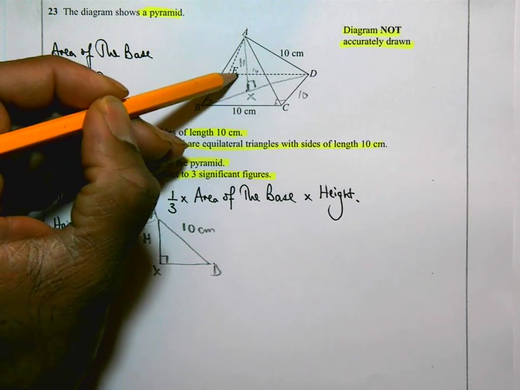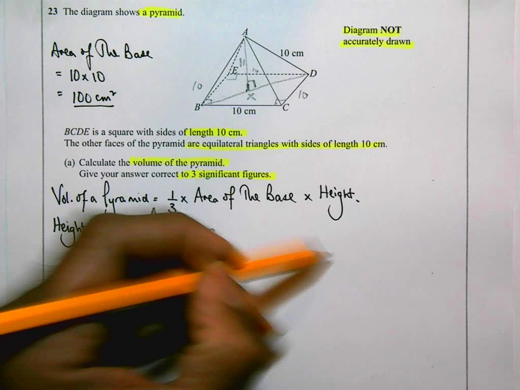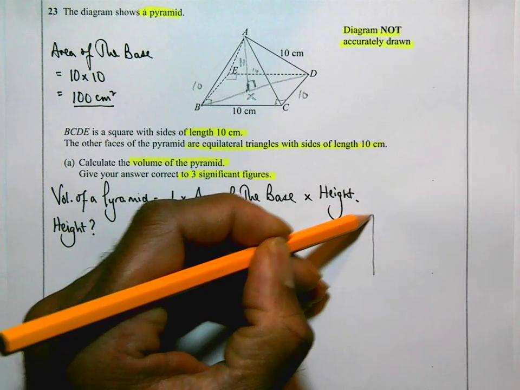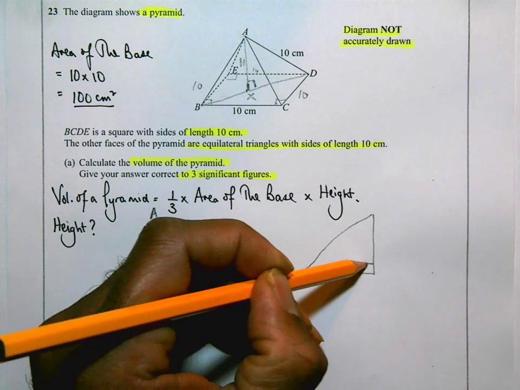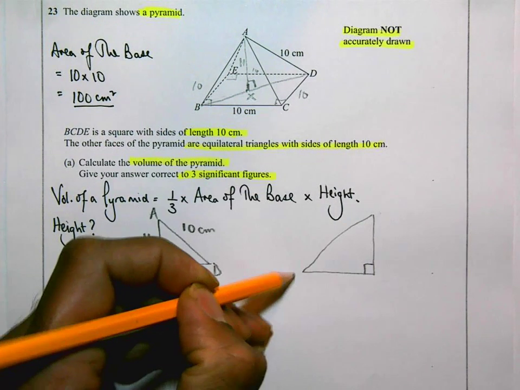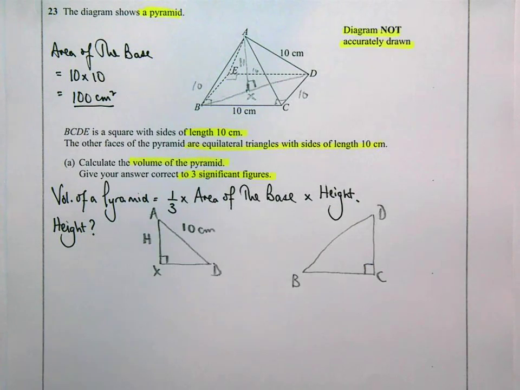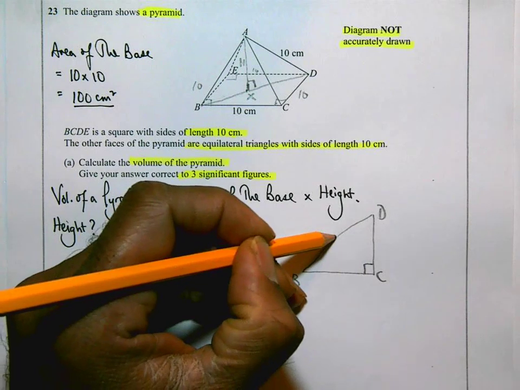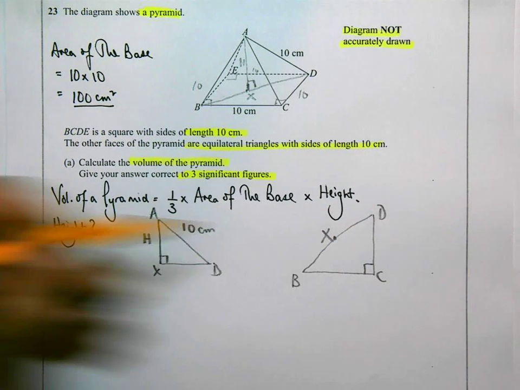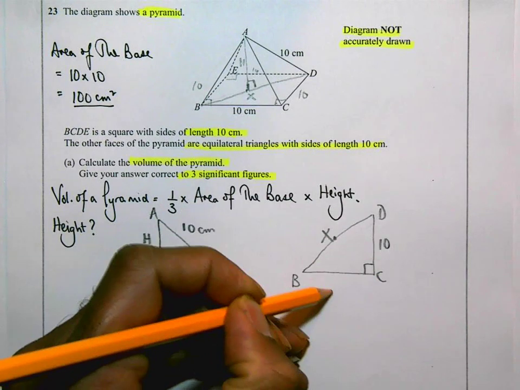So this triangle here, BDC, that's a right angle triangle. And along BD, I've got X halfway along it. And I know that that's 10, and that's 10. 10 centimeters, 10 centimeters.